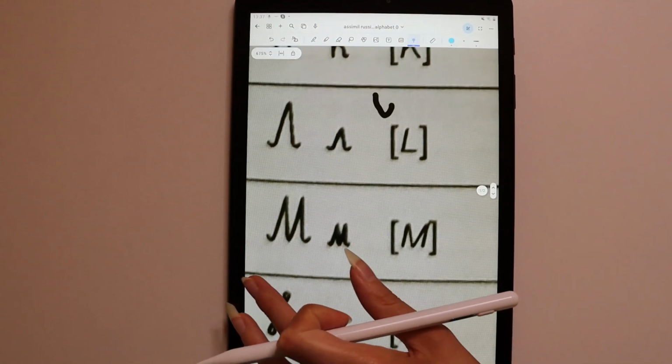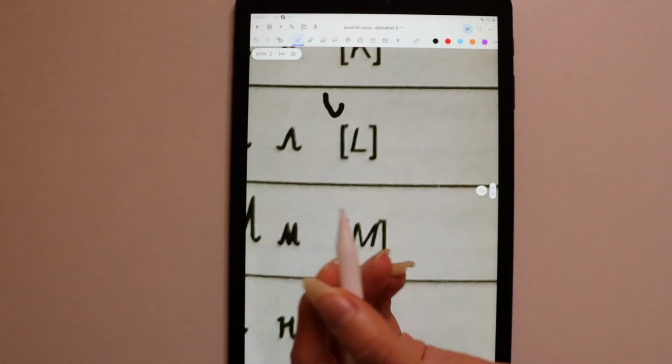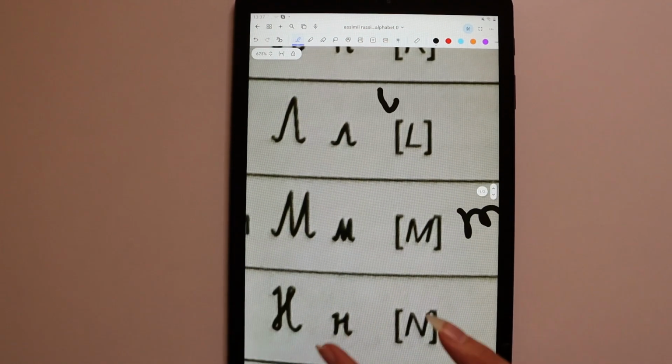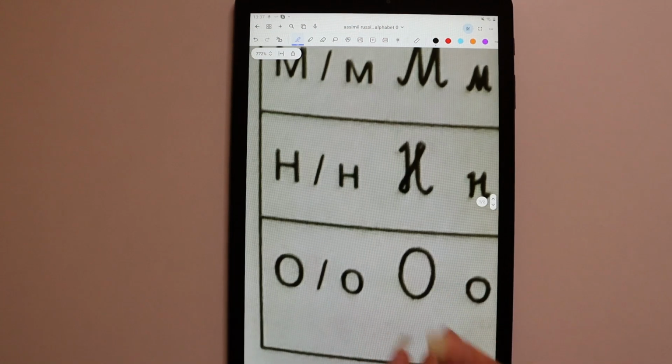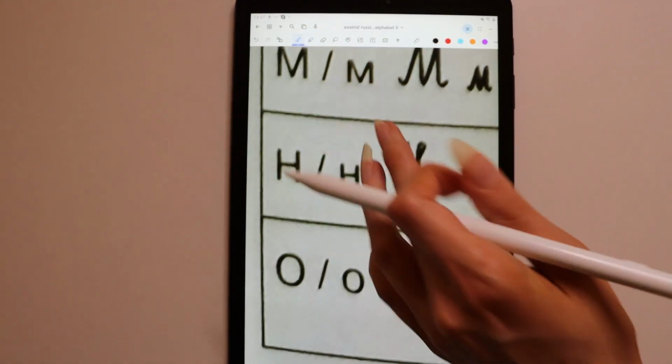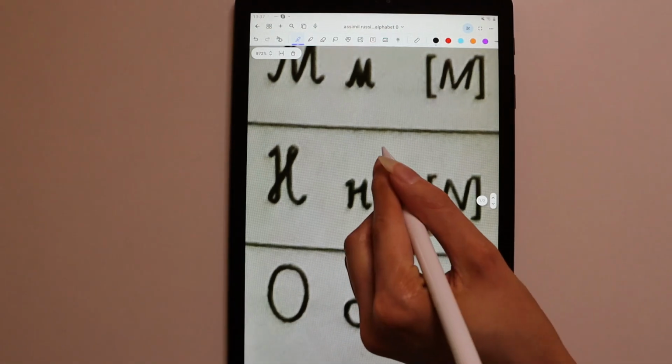But M is basically an M, as in move, mat, month, whatsoever, just an M sound. And then we have the N, and the N is again just like in English an N sound.